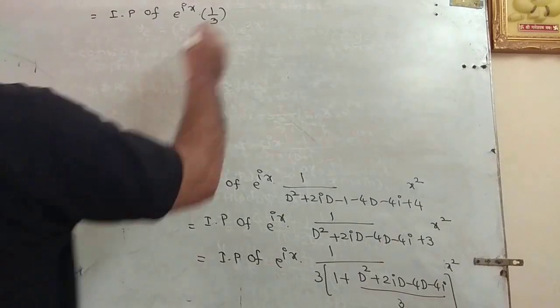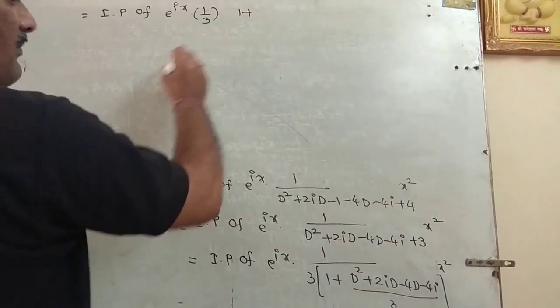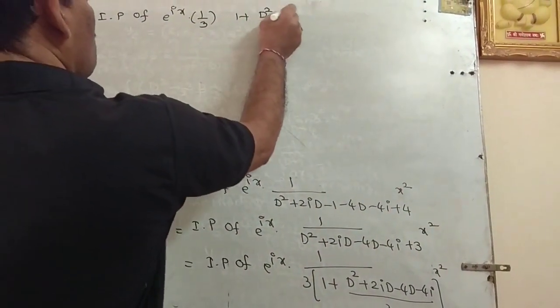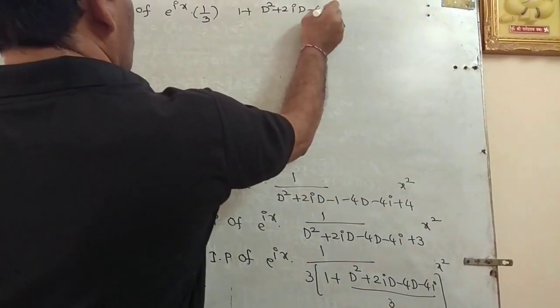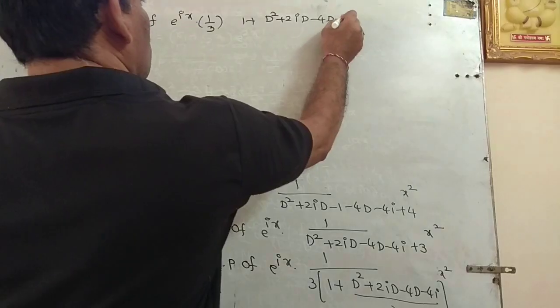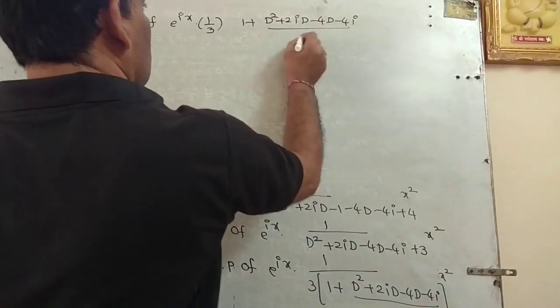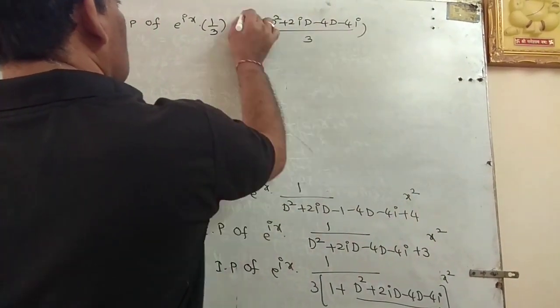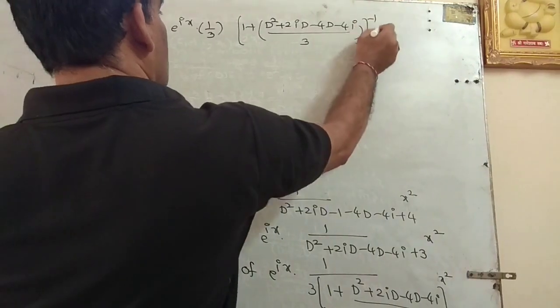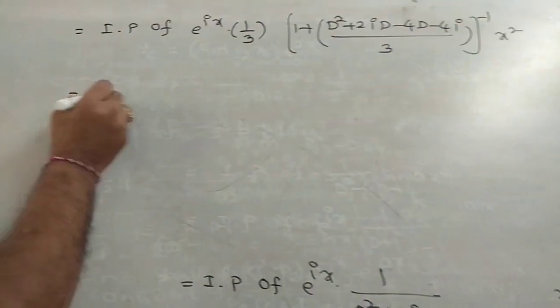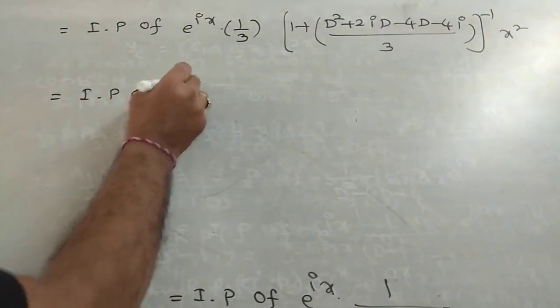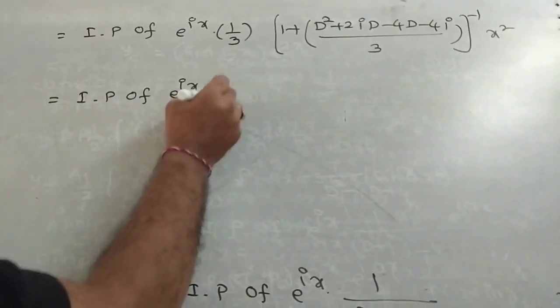If I take it to the numerator, it is 1 plus D squared plus 2iD minus 4D, next minus 4i, divided by 3, to the power of minus 1, and here is x squared as it is. So I am just writing the imaginary part of e to the power ix into 1 by 3.